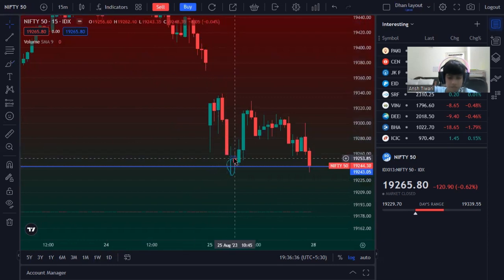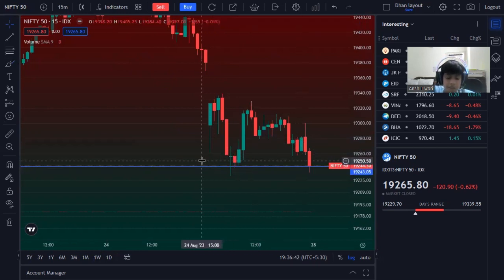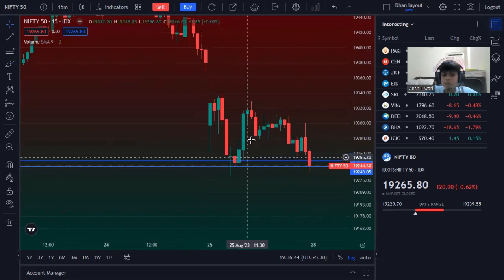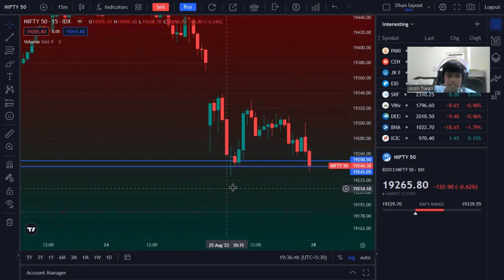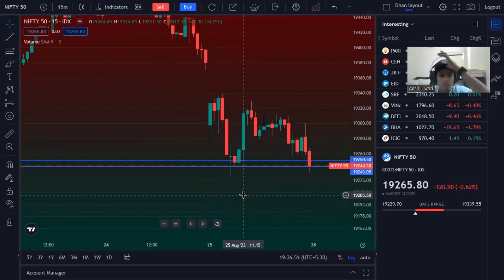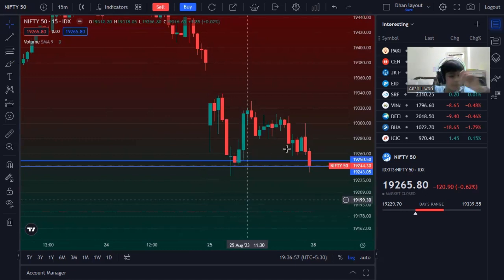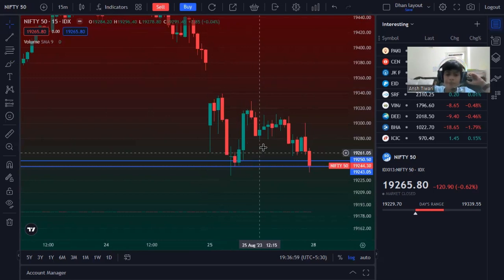Let me erase all of these drawings. Okay. Now we can see that the center of this candle is somewhere around here. The bulls managed to close this candle in the upper half of the area and also closed it as a doji, meaning they were somehow able to counter the bears, which represents that the market will go upwards. Now there are some circumstances which this doji does not follow.